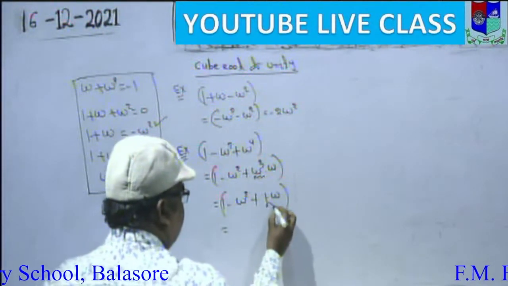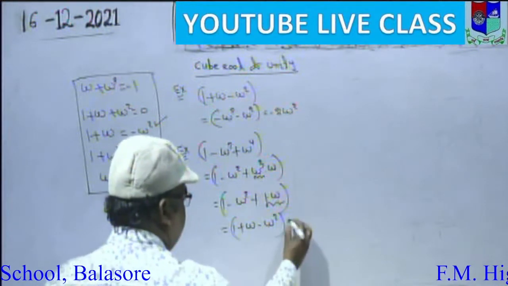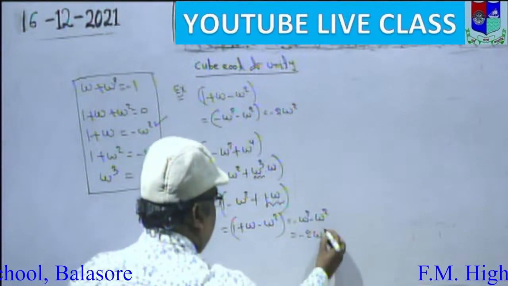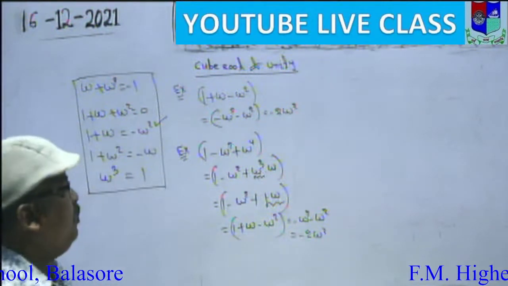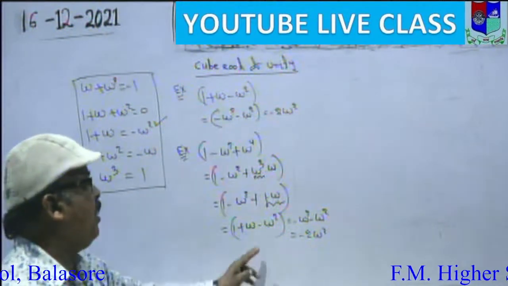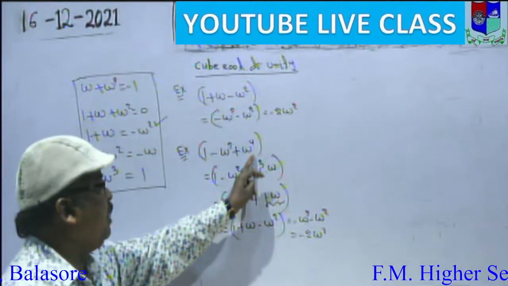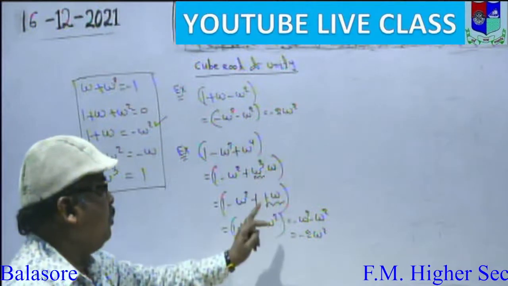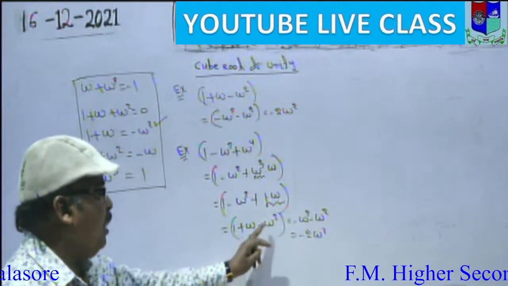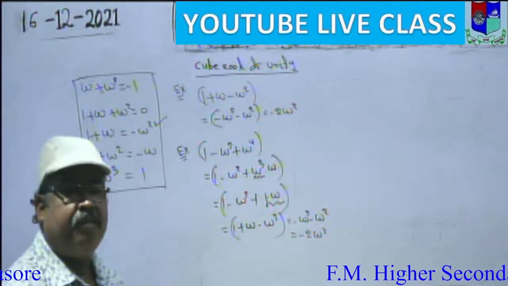So I write this as 1 plus omega minus omega square. That is minus omega square minus omega square, again minus 2 omega square. This question is a direct question. If I want to express this indirectly, it is omega fourth, which can be expressed in the form of this omega. So I write omega here, 1 plus omega is minus omega square, and with this minus omega square we find minus 2 omega square.